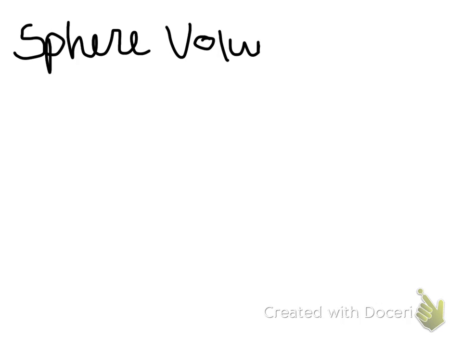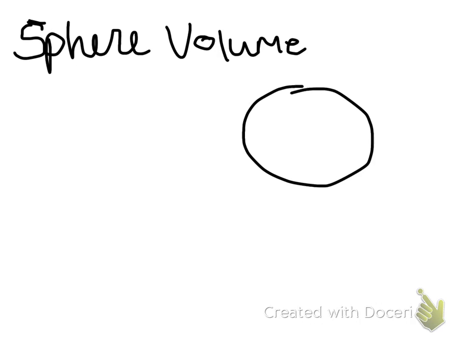Alright, now we're going to move on to finding the volume of a sphere. So to find the volume of a sphere, slightly different formula. You have a radius, right?